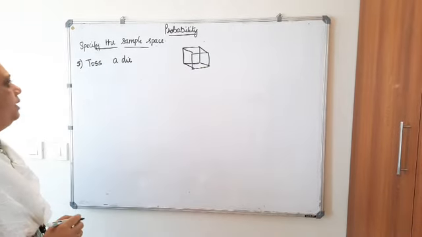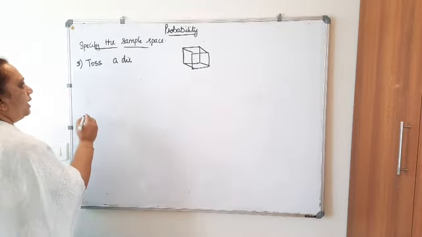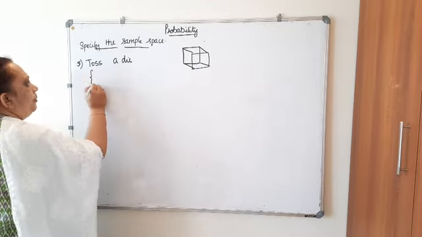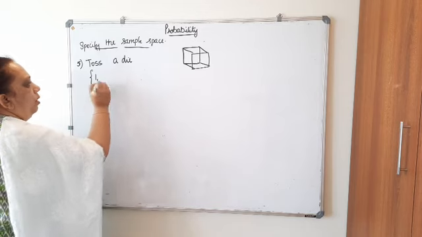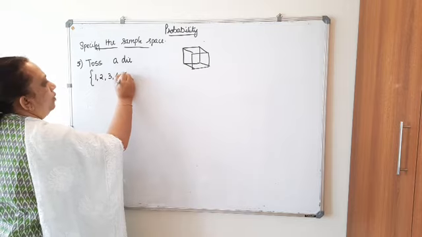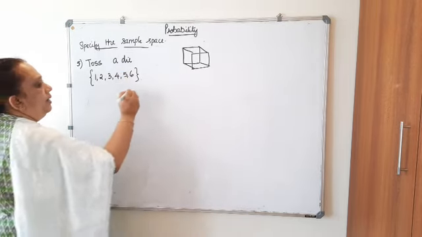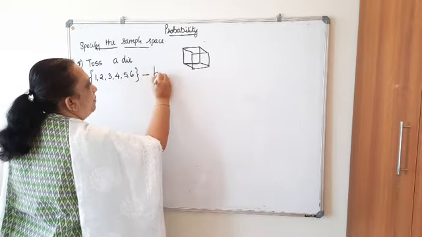It is called a die. And when you toss a die, what about the sample space? The sample space can be 1 or 2 or 3 or 4 or 5 or 6. And it is a finite sample space.